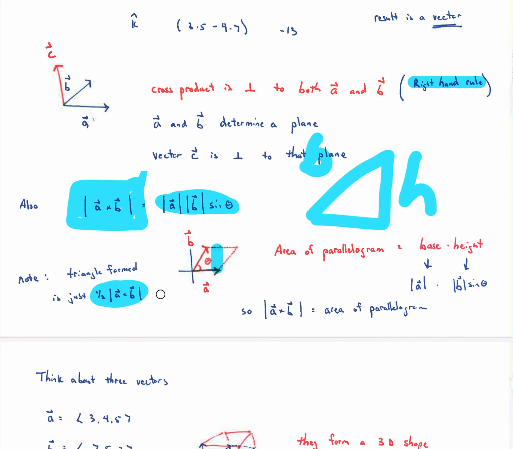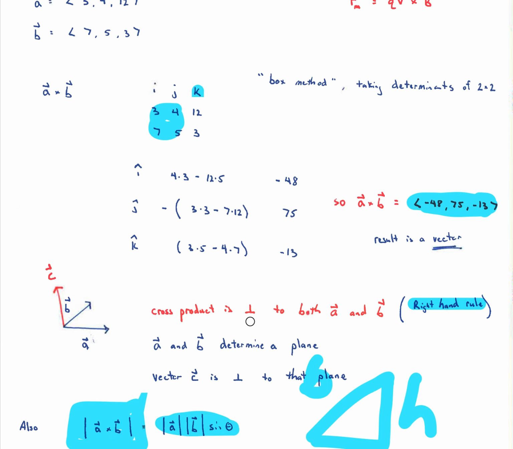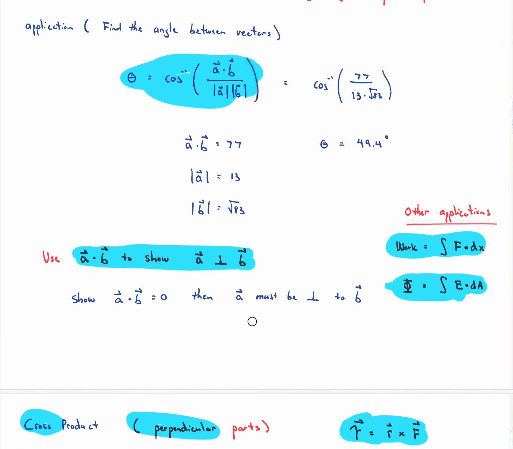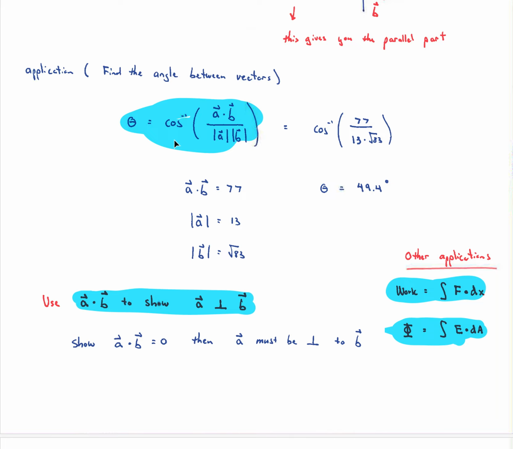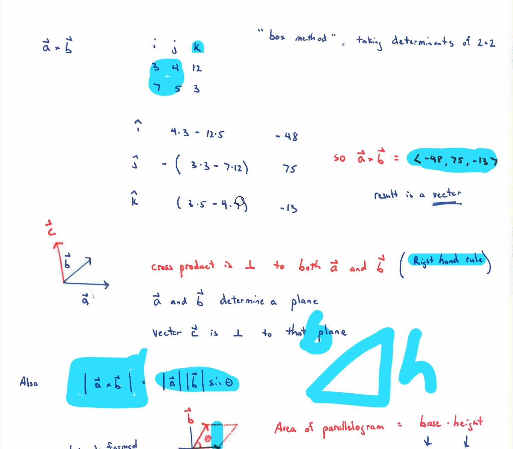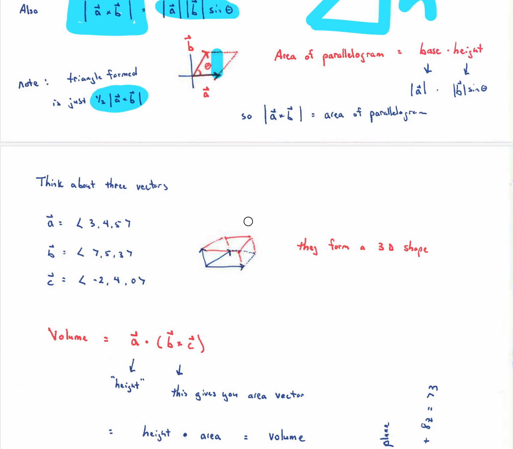You know the cross product is perpendicular to the plane formed by A and B. You know that the magnitude of the cross product is equal to the area of the parallelogram formed by two vectors. The triangle is half of that. The dot product allows us to find the angle between two vectors. All very important moving forward, okay?